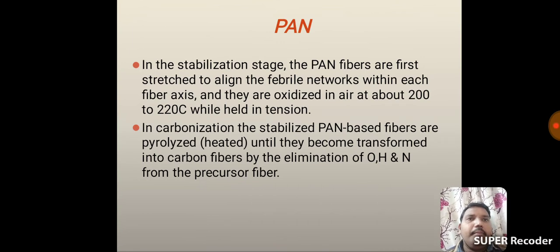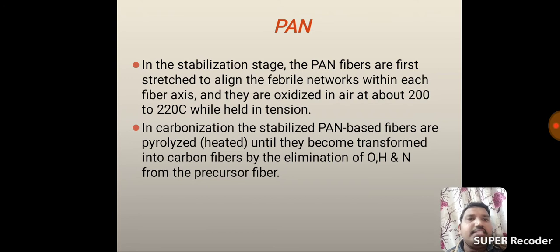PAN is the stabilization stage. The PAN fibers are first stretched to align the fibril networks along each fiber axis, and they are oxidized in air at about 200 to 220 degrees Celsius while held in tension.